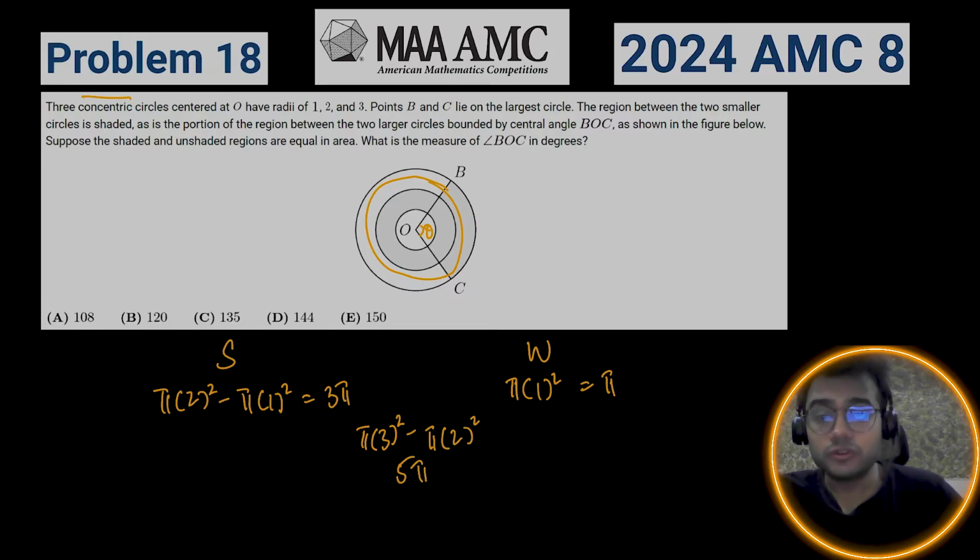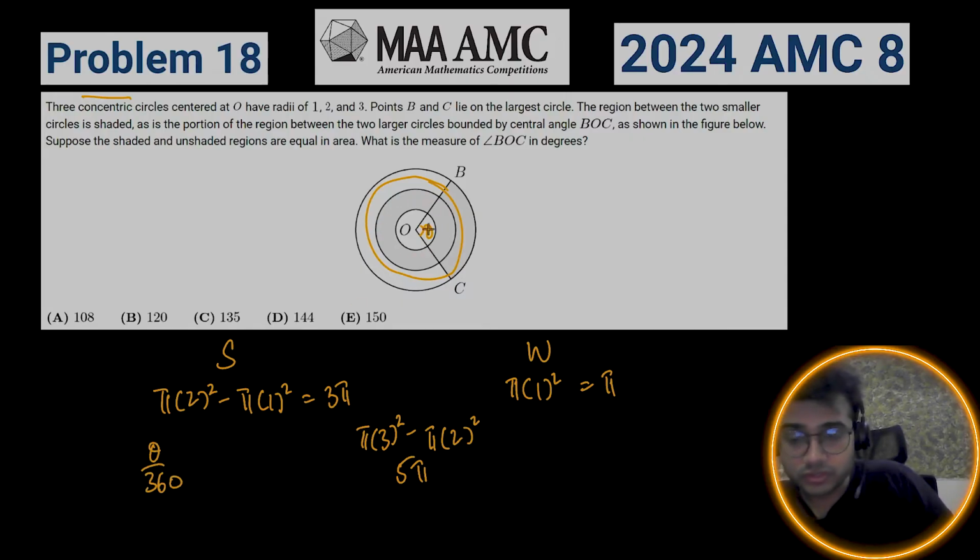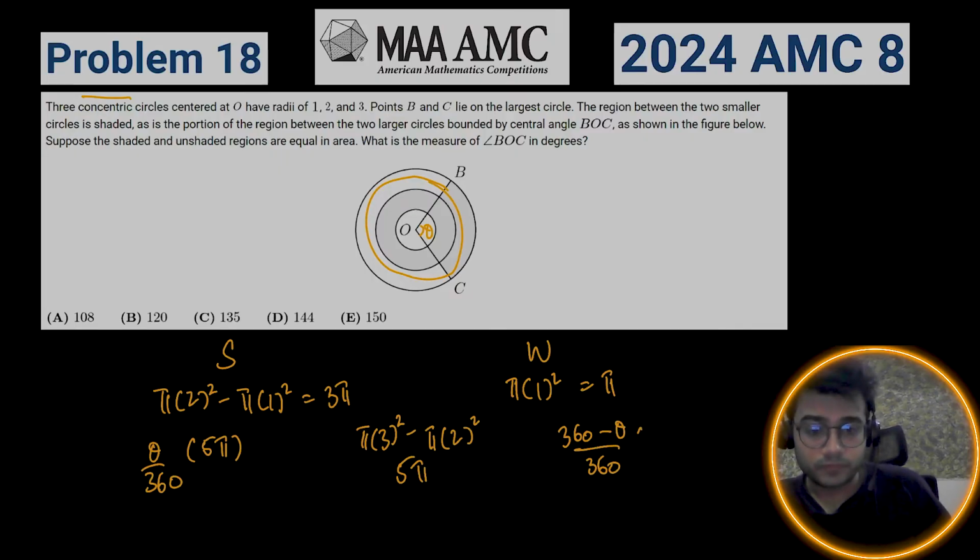What fraction of it is shaded? Well, theta over 360. So the full circle is 360 and theta of it is shaded. So theta over 360 is the fraction of 5 pi that's shaded. And then 360 minus theta is the rest of the angle, so 360 minus theta over 360 times 5 pi is the white area.